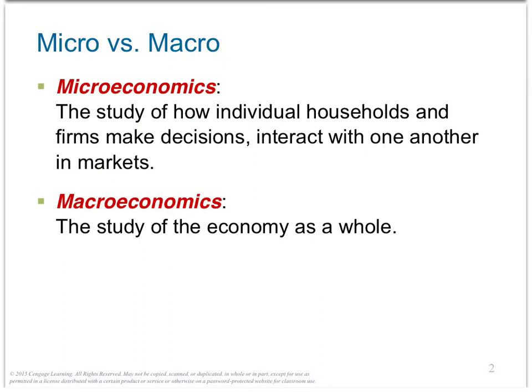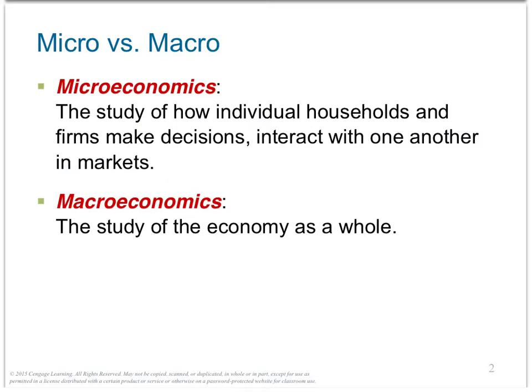And on the other hand, macroeconomics is the study of the economy as a whole. So the goal of macroeconomics is to explain the economic changes that affect many households, not one household, many households, firms, and markets simultaneously.